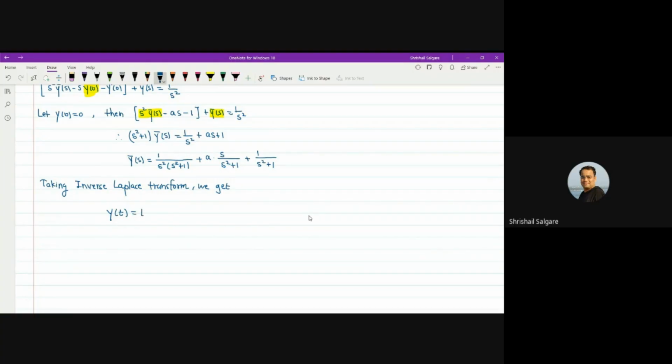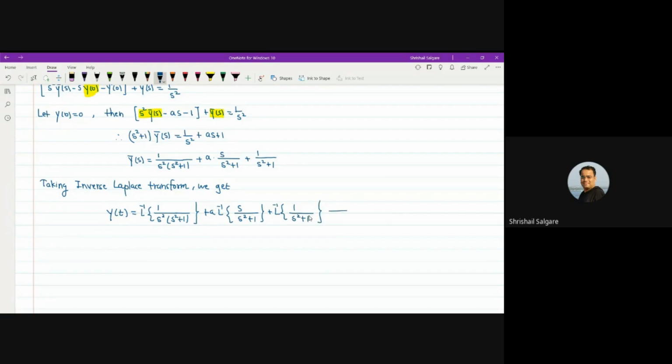Now here I will write L inverse of 1 upon s square into s square plus 1, plus a into L inverse of s upon s square plus 1, plus L inverse of 1 upon s square plus 1.